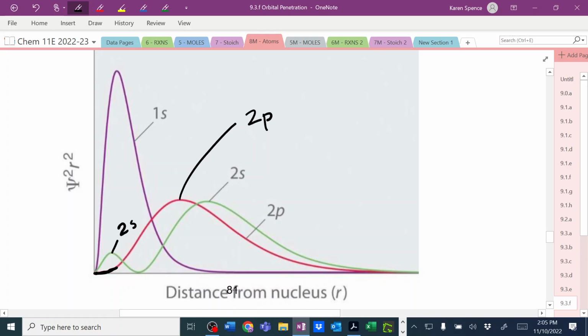It's very, very low. Okay, and that's why the p orbital is at a higher energy. So that's all there is to that. If you're ever asked to explain why, you can say because there's less density close to the nucleus, because there's a node there for the p orbitals.